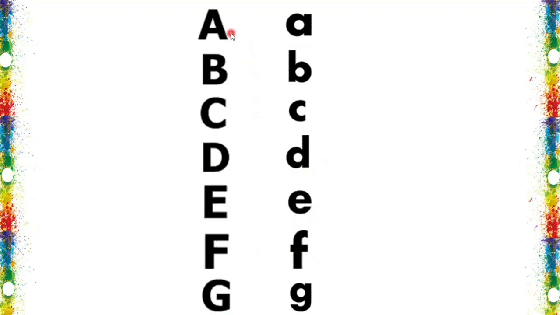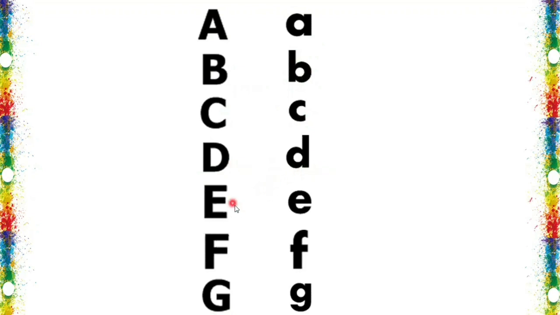This letter is capital A. This letter is small a. This letter is capital B. This letter is small b. This letter is capital C. This letter is small c. This letter is capital D. This letter is small d.